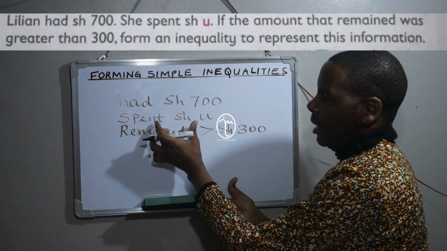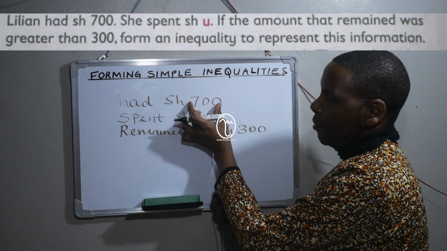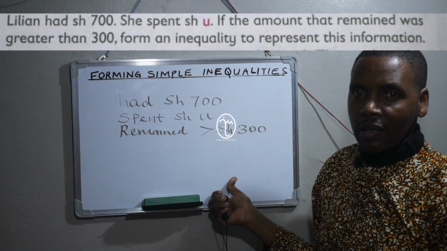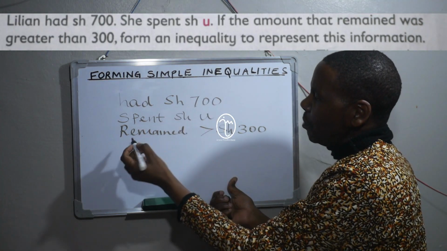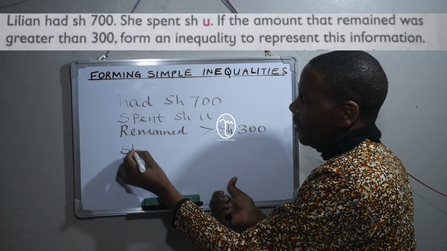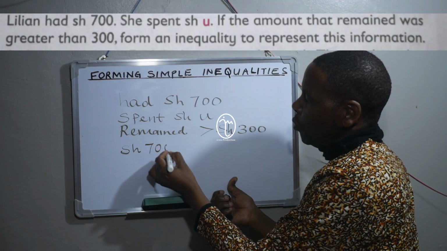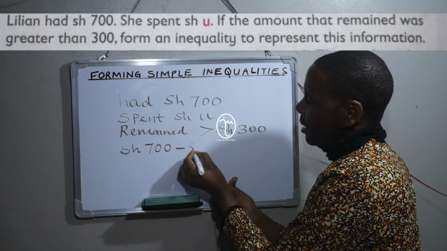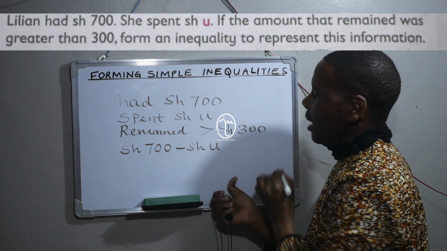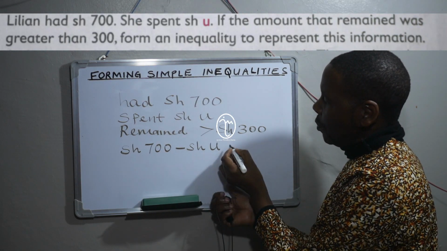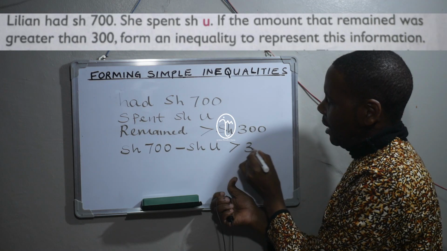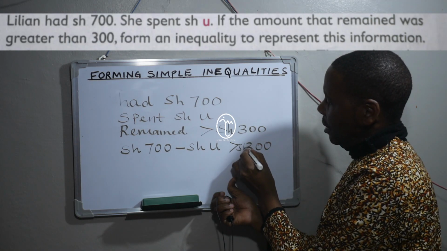So when you spend some money out of what you have, we know the money becomes less. So we are going to use the sign of subtraction. So we shall get the initial money that she had, that is 700, we less what she spent, that is U shillings, and then we say what has remained after spending U shillings, we say it's greater than 300 shillings.